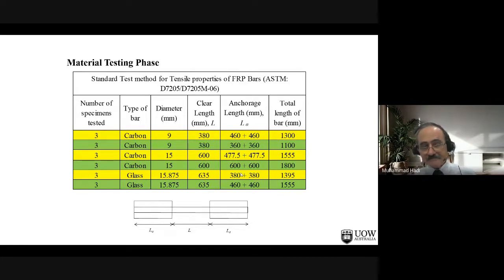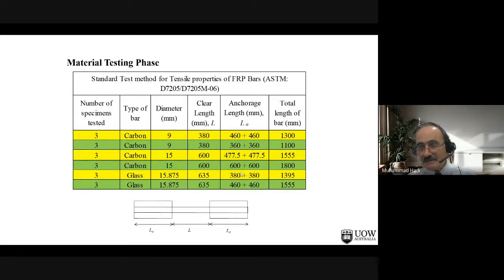Now, I was telling you that there is the main experiments. Qasim came to this; this work is based on ASTM. ASTM has testing up to 12 millimeters. They don't have it for 15 millimeters.